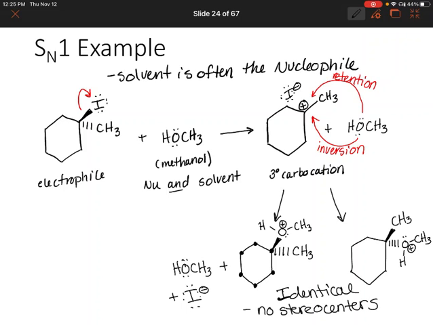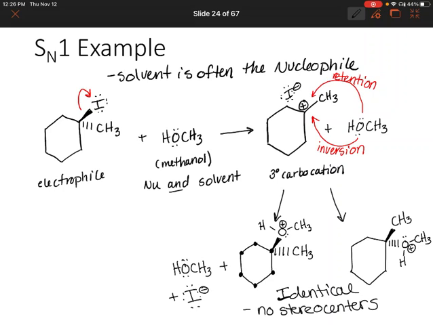So now, remember when we talked about basicity, what was most important? So one thing that was important was the stability of the products, but another thing with basicity is the atomic size. So if we compare oxygen to iodide, which one is smaller?